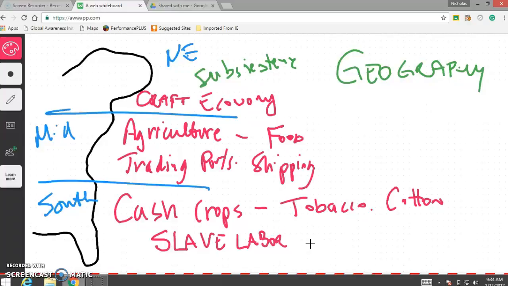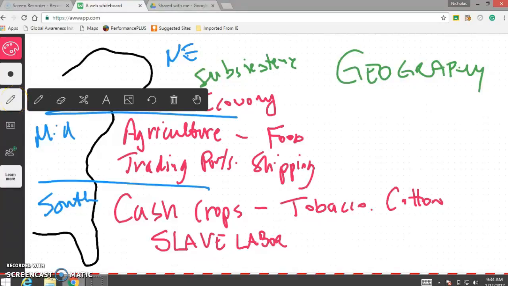Initially, they used indentured servants, but if you remember Bacon's Rebellion, indentured servants rebelled because they wanted to own their own land once they became free, and so Southerners turned away from indentured servitude labor to slave labor because it ended up being less expensive in the long run. Okay, so we look at the colonial economies. This is how they developed, and again, it's largely dependent upon their geography.